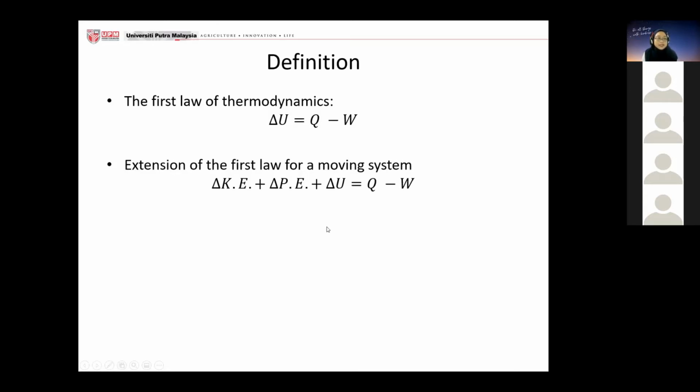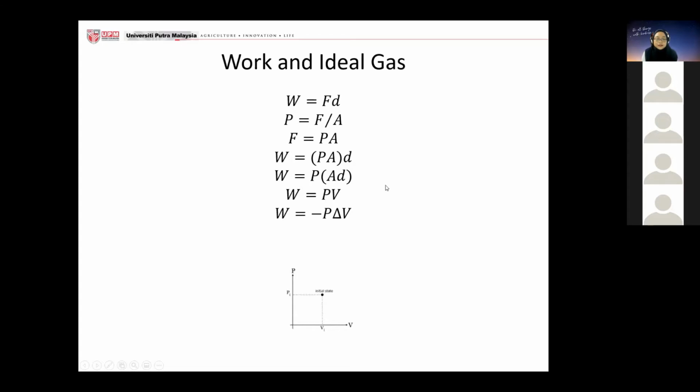At the same time, we can also relate work and ideal gas. This is how you can correlate W, work, with what is happening in a system of gas: negative P delta V, right?